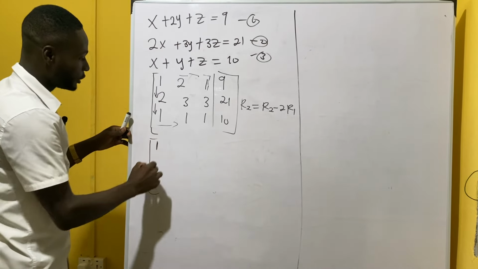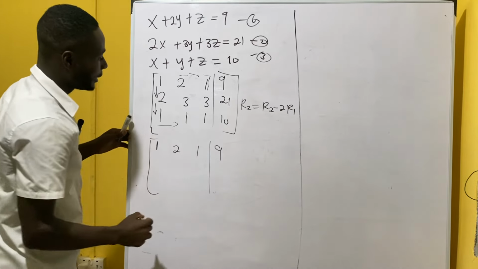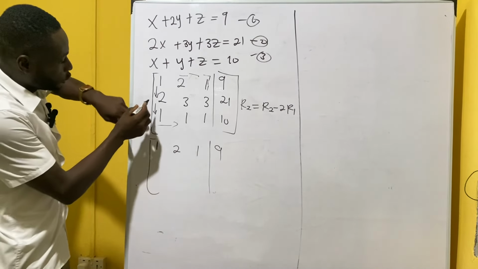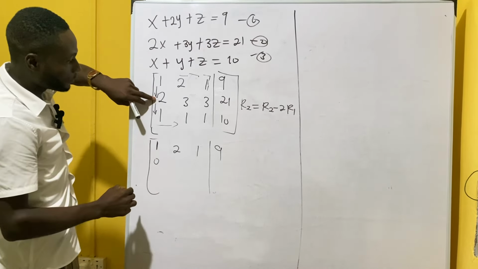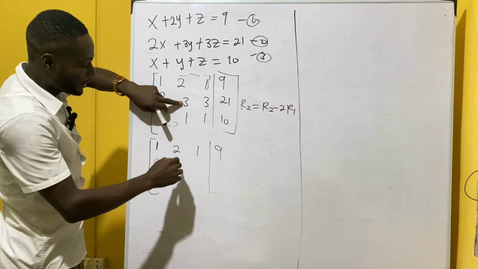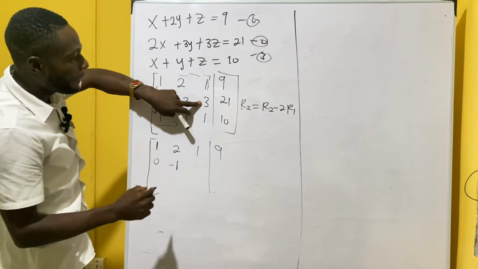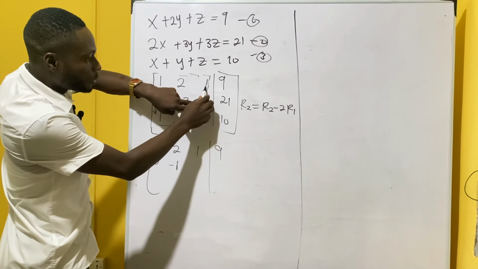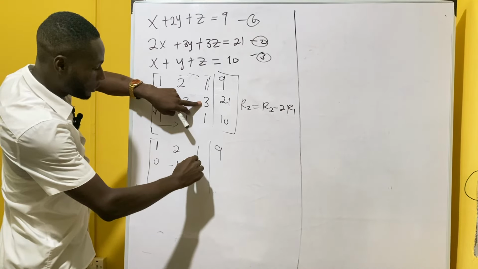We maintain the first row: 1, 2, 1, 9. Then we have 2 minus 2 times 1, and that is 0. And then we have 3 minus 2 times 2, and that is minus 1. Then we have 3 minus 2 times 1, and that is positive 1.